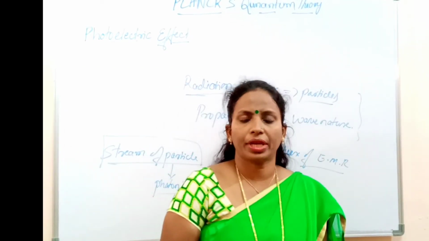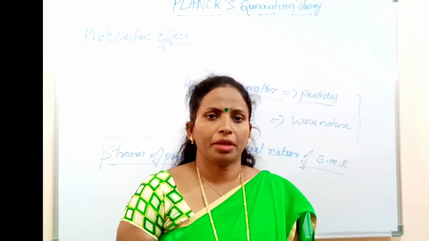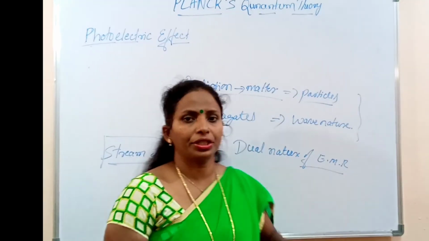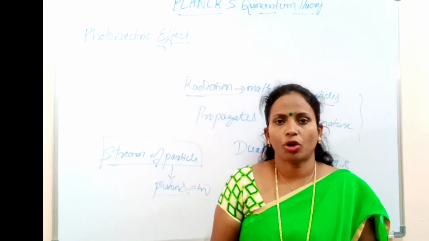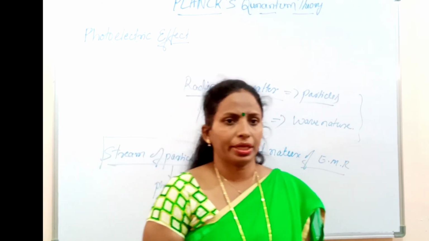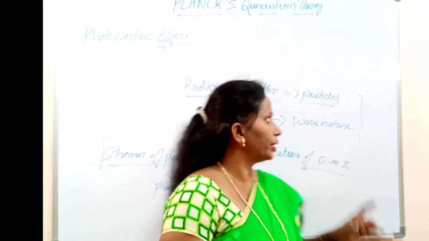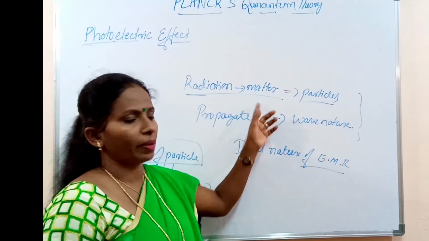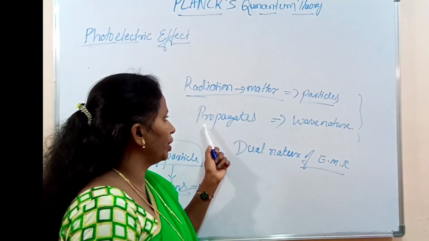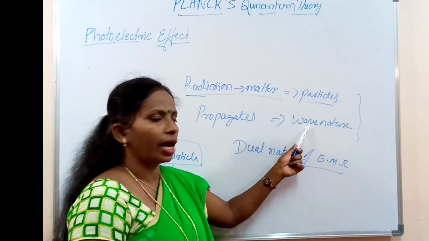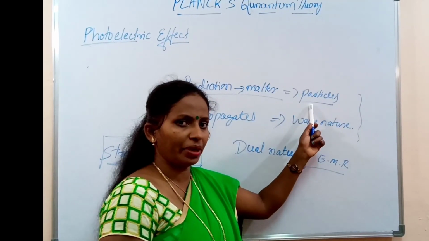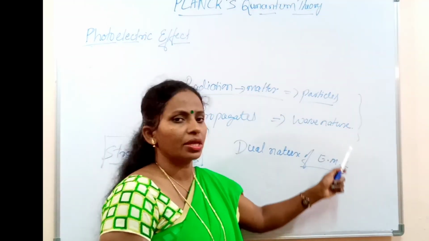Phenomena like interference and diffraction can be explained based on the wave property of electromagnetic radiation. But the experiments of black body radiation and the photoelectric effect clearly say that electromagnetic radiations exhibit particle nature. So finally scientists concluded that when radiation interacts with matter, it acts as a particle, and when it propagates, it exhibits wave nature.